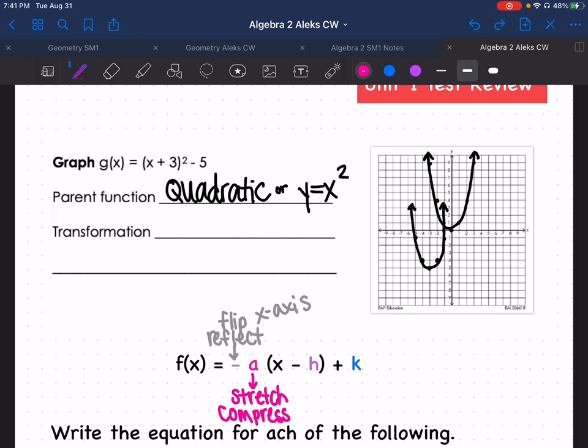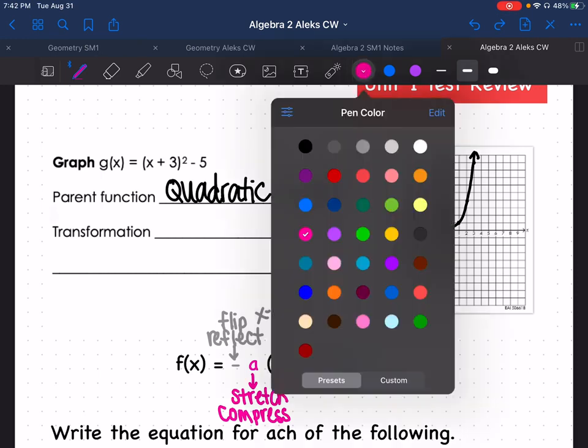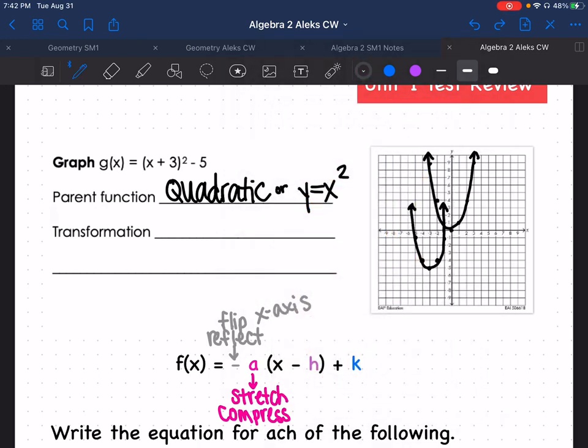It just depends on what type of number it is. Remember, a stretch would be by a factor of a whole number, 2, 3, 4, 5, 6. A compress or a compression would be by a factor of a fraction, 1/2, 1/3, 1/4, 1/5, 2/3, 2/5, something like that.